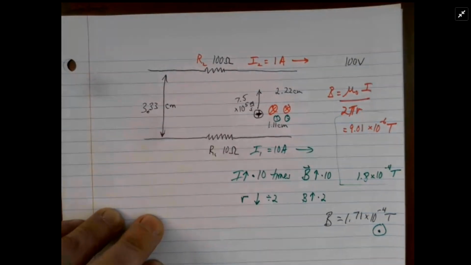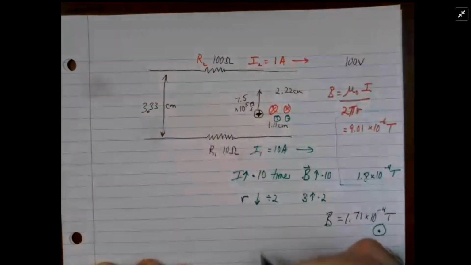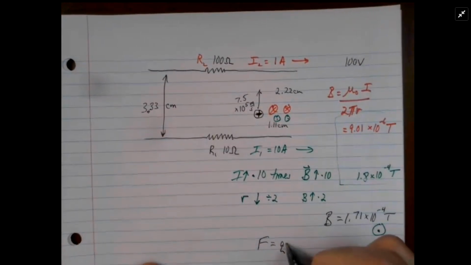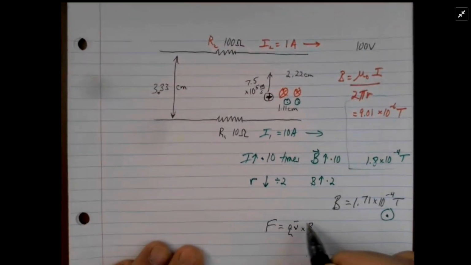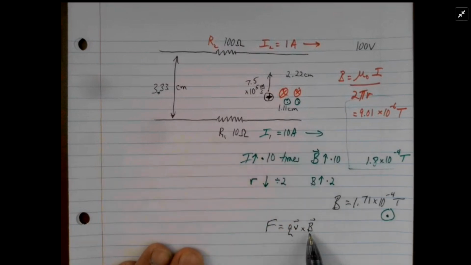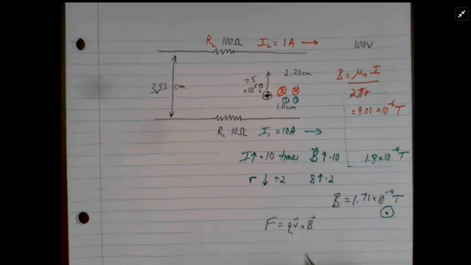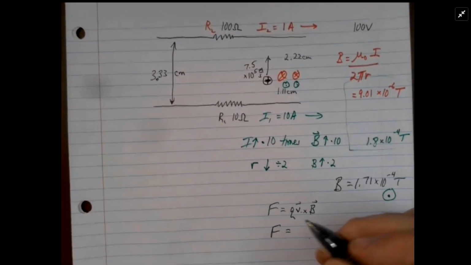Now, what does that do to the proton? Well, the force on the charge going through, F equals Q V cross B. And because these are at right angles to each other, the V cross B, or VB sine theta, just ends up being V times B. So when you multiply out for the force, you get the charge of a proton, 1.6 times 10 to the minus 19th coulombs.